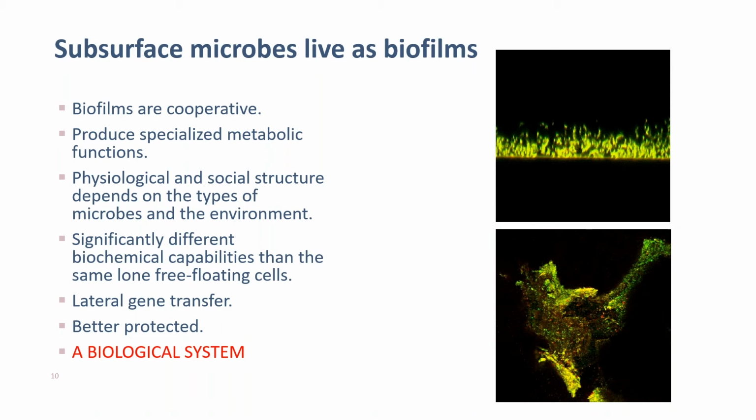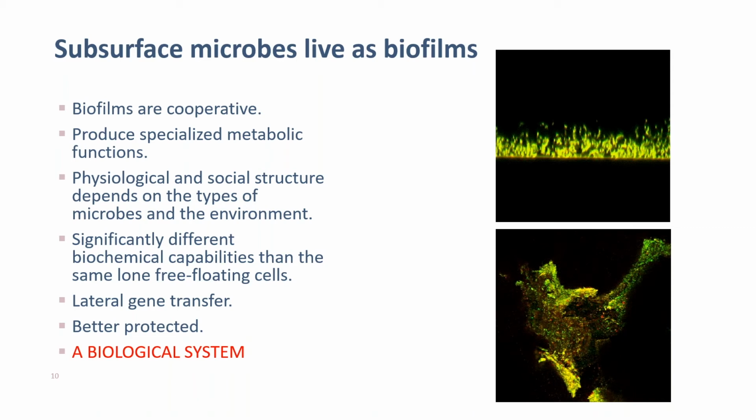Now, some of the advantages that biofilms have over planktonic living for microbes is that biofilms are cooperative and communicate. They have this thing called quorum sensing, and they can actually, not talk to each other in the sense that we do, but I mean, they can know what each other's up to. They can produce specialized metabolic functions.